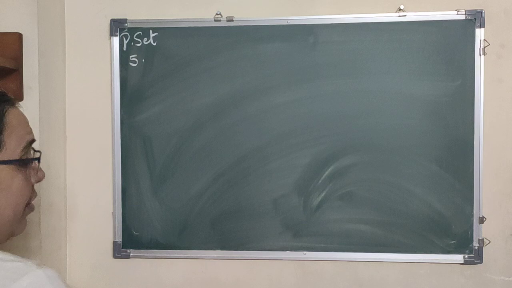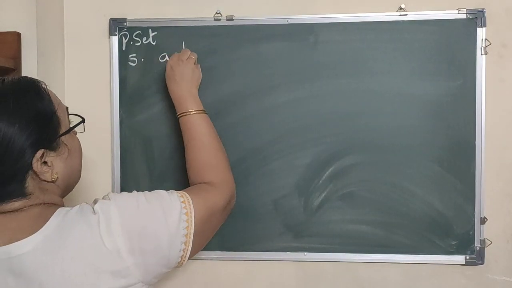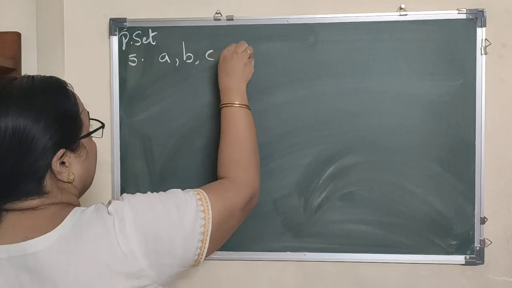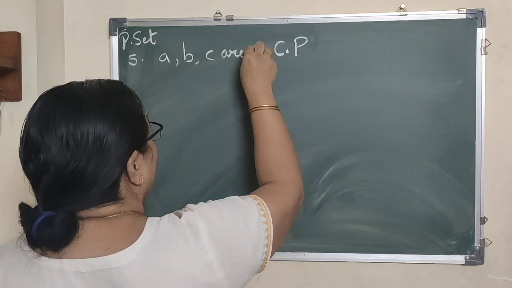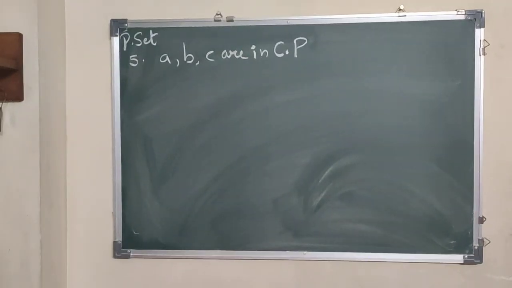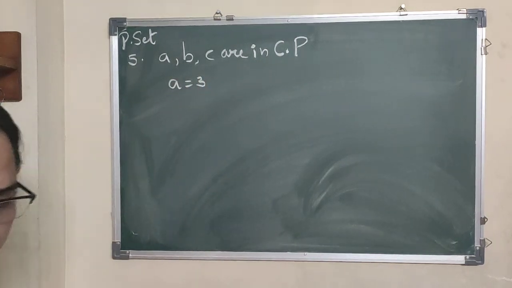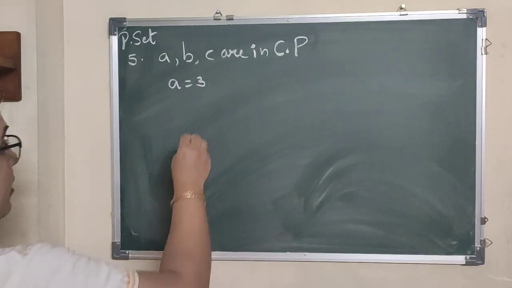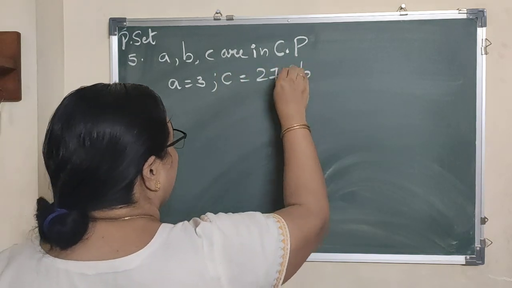The question says that A, B, C are in continued proportion. I would write continued proportion as CP. Further, A is 3, C is 27, find B.